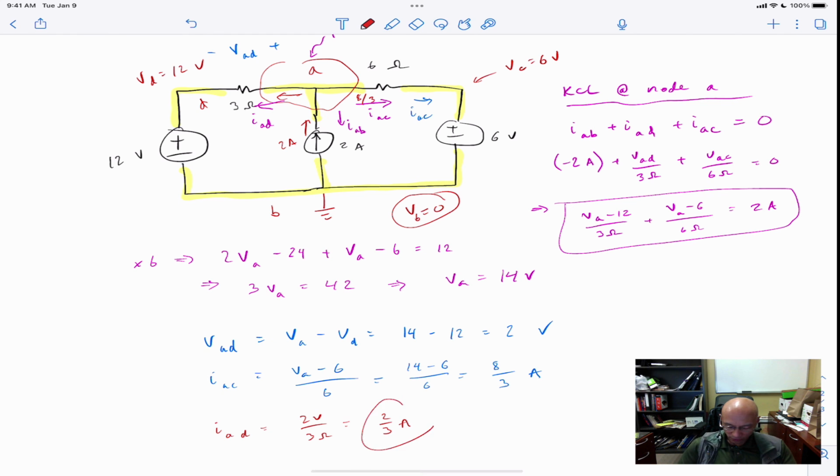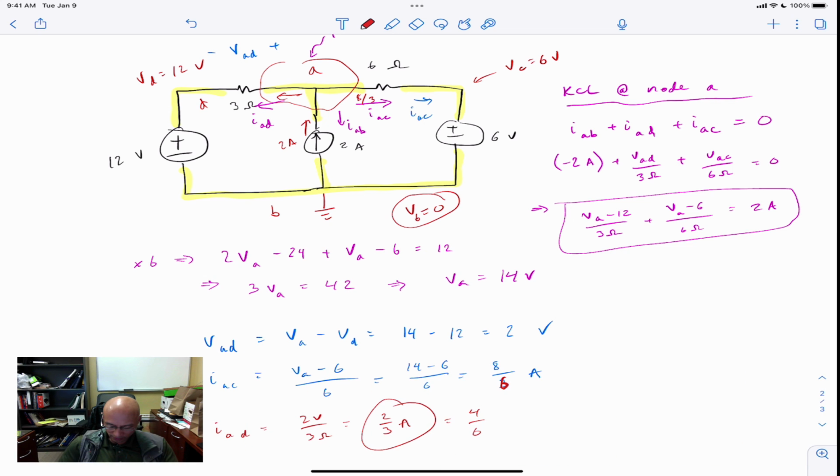And IAD is 2/3, and IAC, I've made an error, that should be 8/6 of an amp. This is 4/6. So when you add 4/6 and 8/6, you get 12/6, which is 2 amps. So we now have a pretty good sense that we got this problem right. We did a dummy check, and it passed.